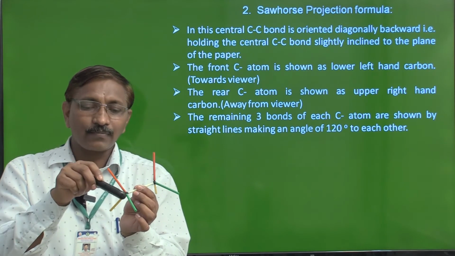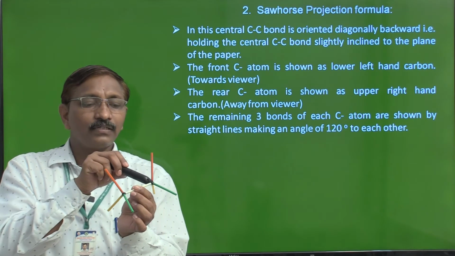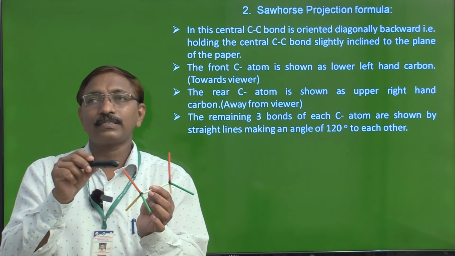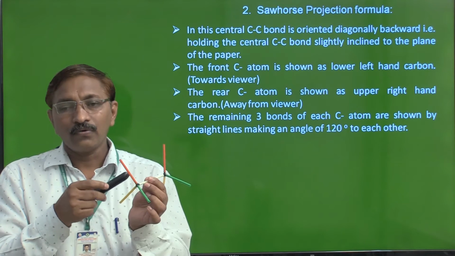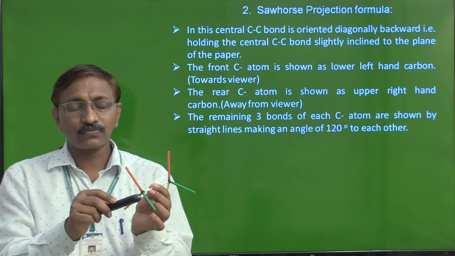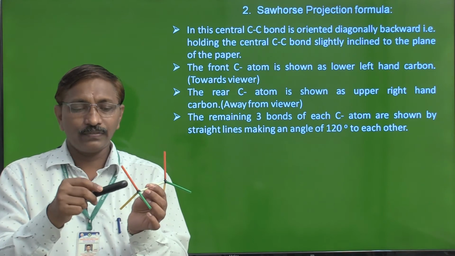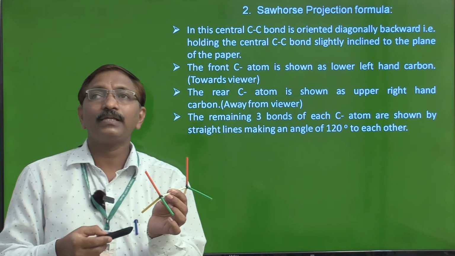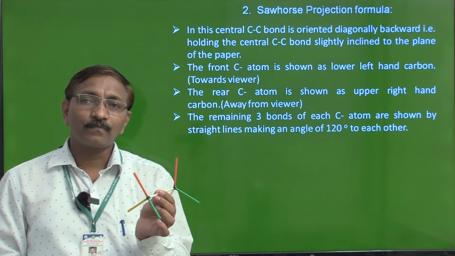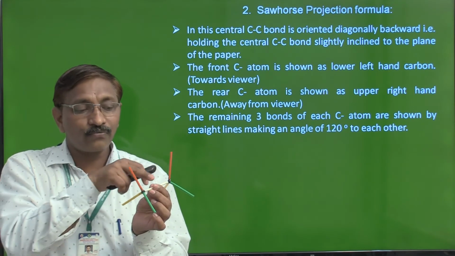So the front carbon atom is towards the lower left-hand side, while the rear carbon atom, which is away from the observer, is shown at the upper right-hand side. The remaining three bonds of the rear carbon atom as well as the front carbon atom are represented by straight lines, and the bond angle between them is 120 degrees. So in a Sawhorse projection formula, we represent the central carbon-carbon bond in a slightly inclined position or diagonally backward direction.